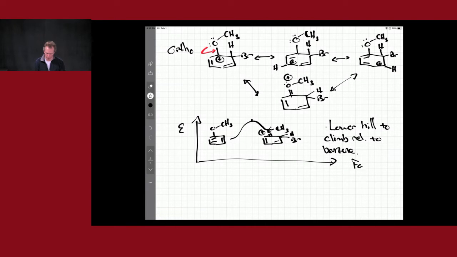So that means faster rate of reaction. Okay. All right, so that's one reason why the methoxy group, this oxygen, should give us a faster reaction.